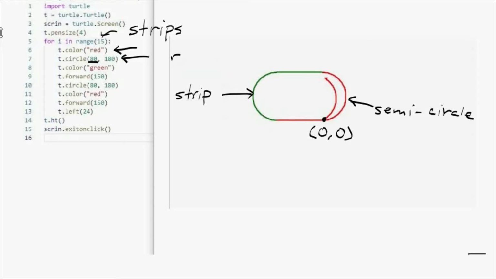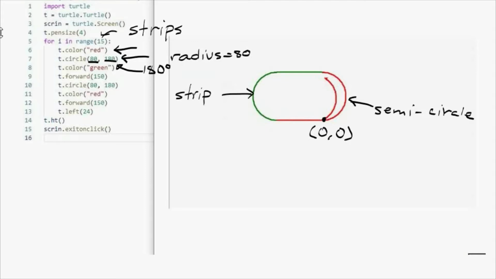So radius is equal to 80. Now the angle over which we draw the semicircle is 180 degrees. So this is 180 degrees.